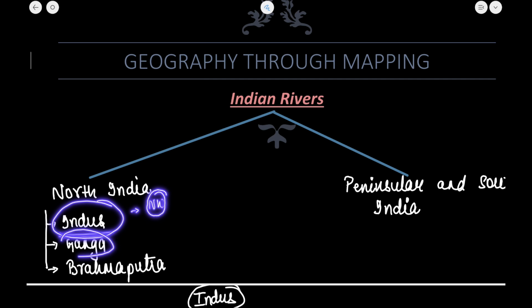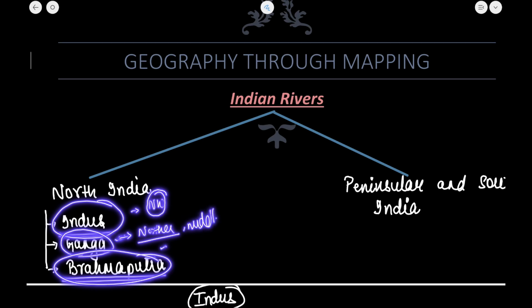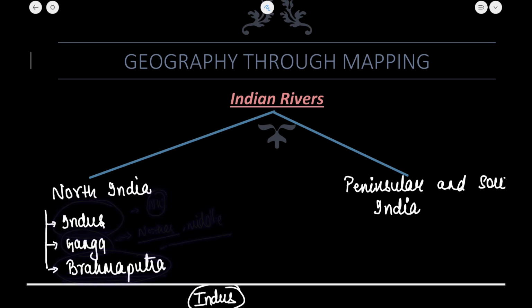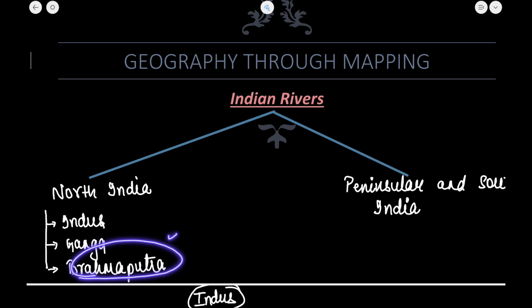Then there is the Ganga river system, and then there is the Brahmaputra river system. Now the Ganga river covers the northern and the middle Ganga plains area. Now if I tell you about the Brahmaputra river system, it is the river system of northeast India.